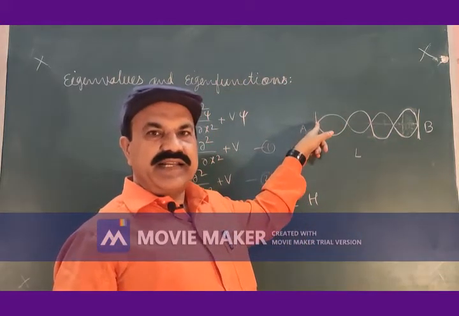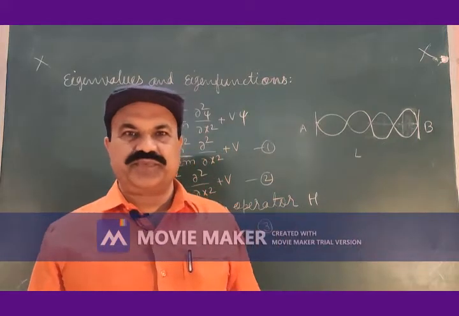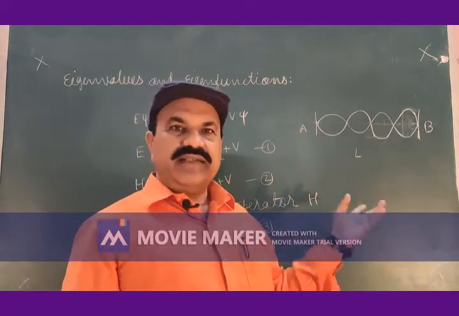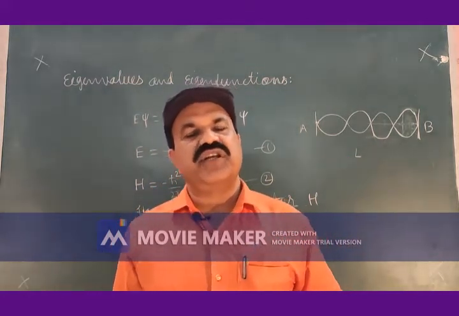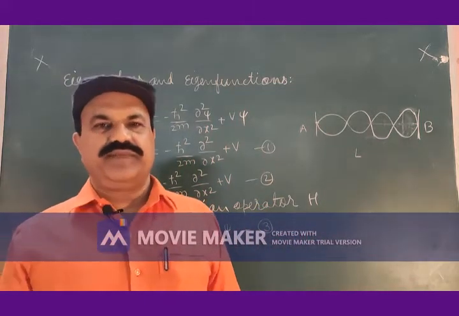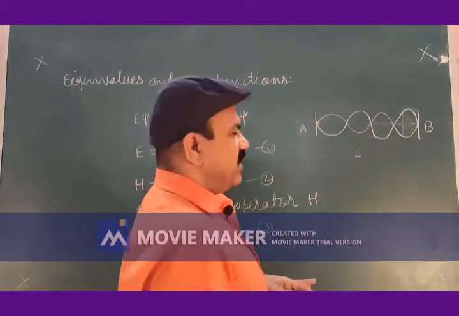Displacement at this end point is 0. Displacement at this end point is 0. If displacement at the end point is 0, then the forward and reflected waves after superimposition will give rise to the stationary wave pattern. We can write the equation for this stationary wave pattern.